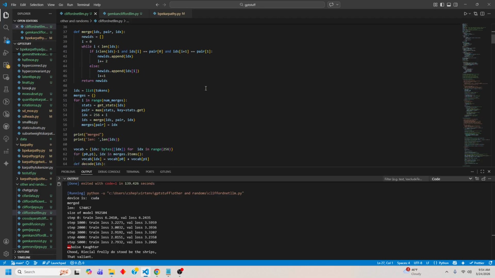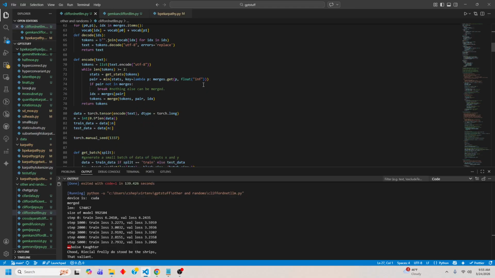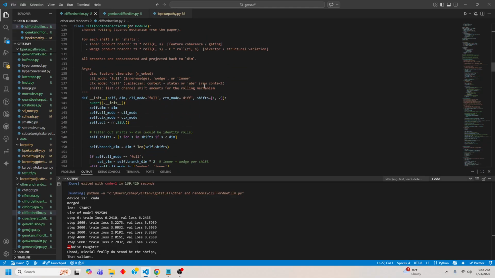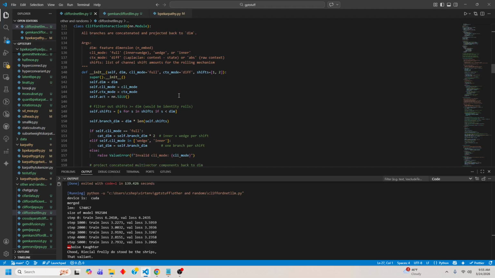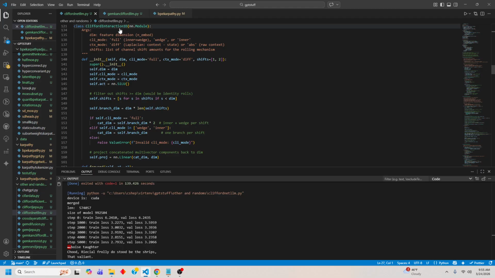There's a lot of code, so I'm not going to go through all of it right now. Once I have a better understanding, I can, and if anybody wants, I can go through the models line by line and show how it's coded up. What it does is there's the Clifford interaction, which is the way it does this. It shifts the context.